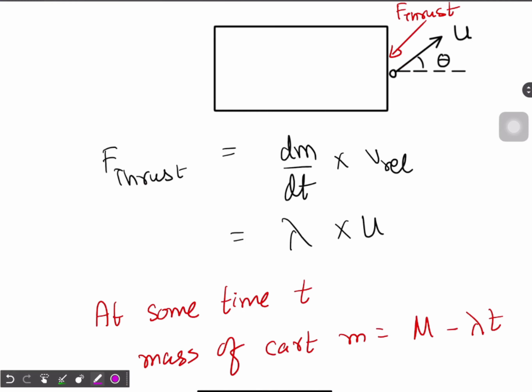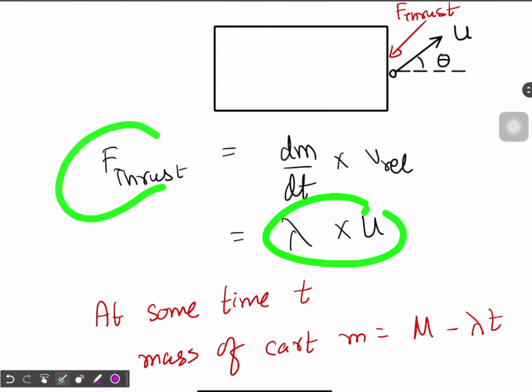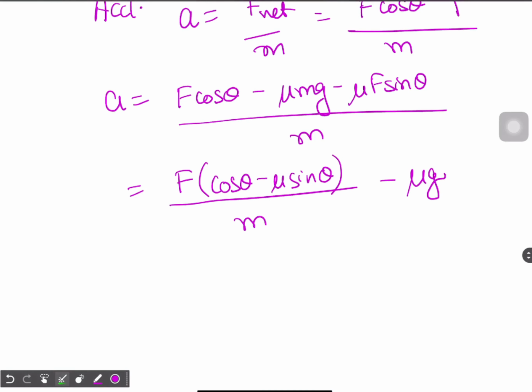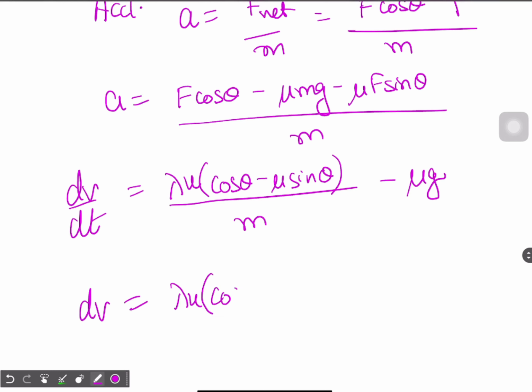Now we have already calculated the thrust force, that is equal to lambda u. So I can replace the thrust force over here with lambda u. And now I can write acceleration equal to dv by dt. That means dv will be equal to lambda u (cos theta minus mu sin theta) dt by m, minus mu g dt.